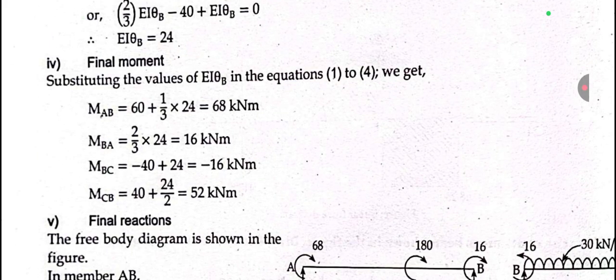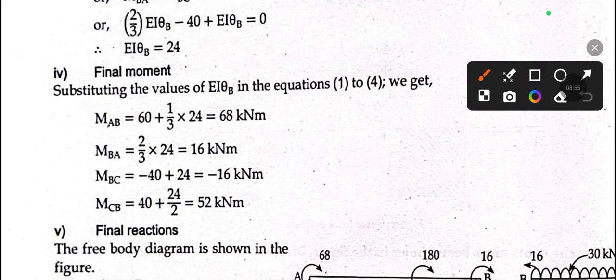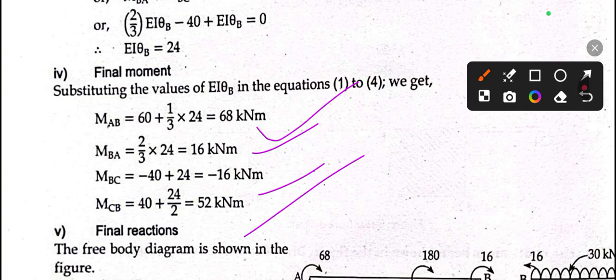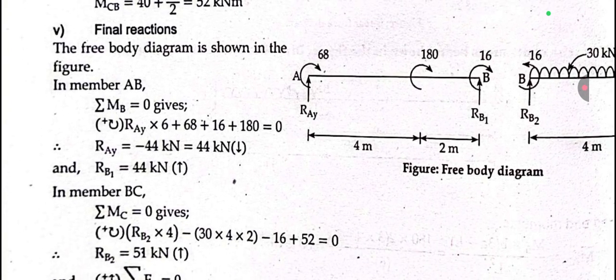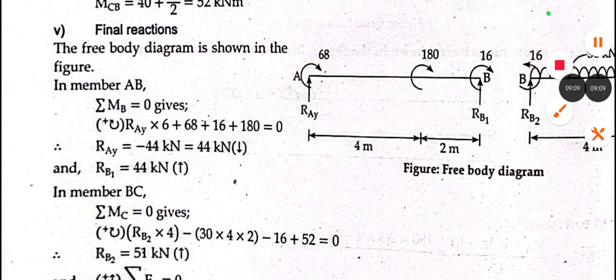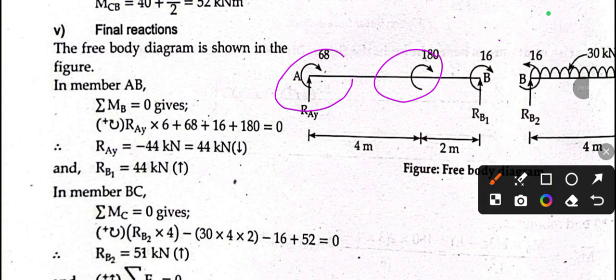So look here, we need to put all those values in the given slope equation. So we got these 4 equations and 4 final moments. Okay, so in this way you can calculate, and for the final reactions you can see there is a 180 and this moment is applied over here.